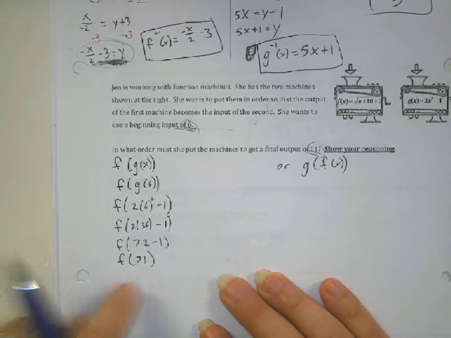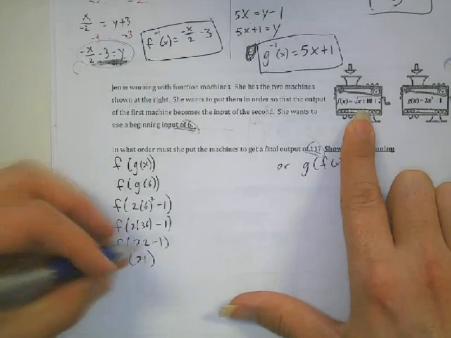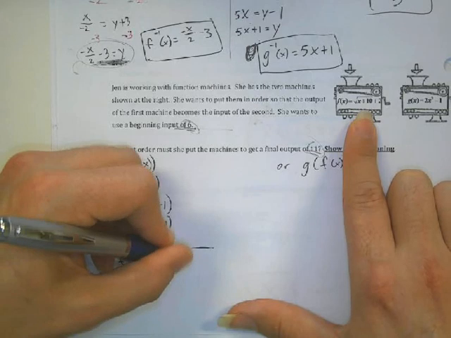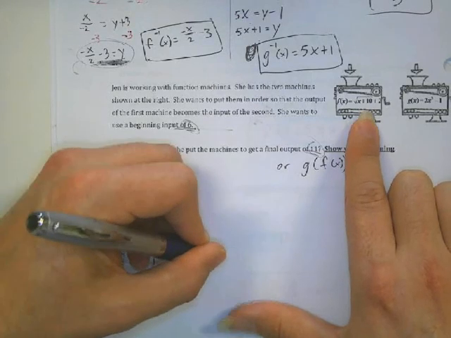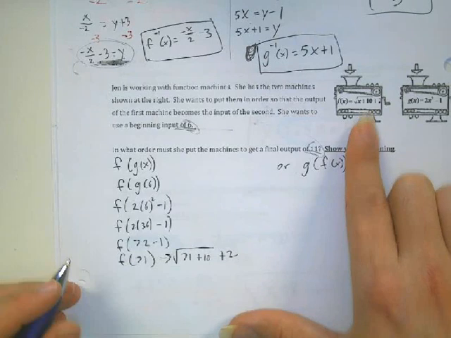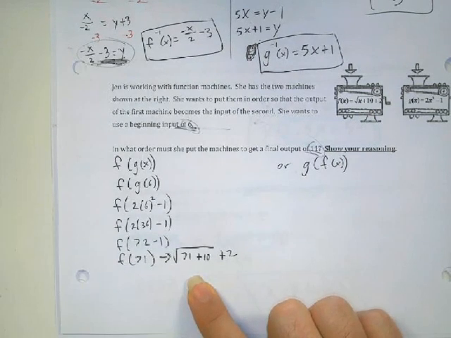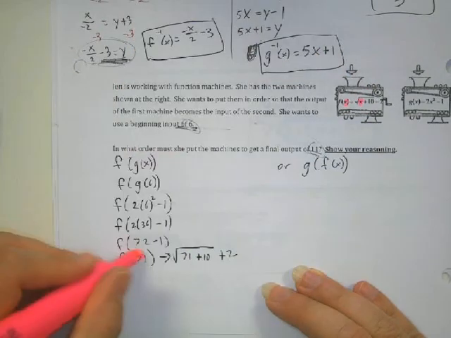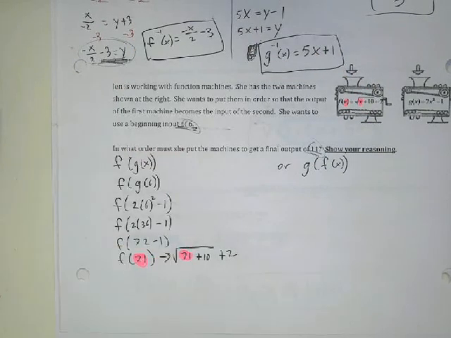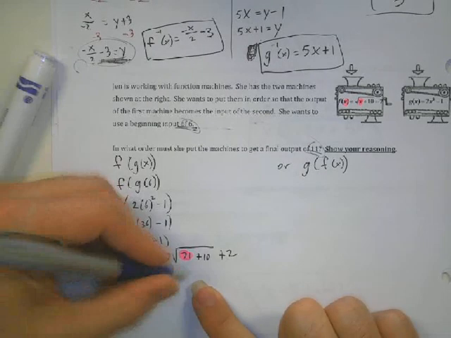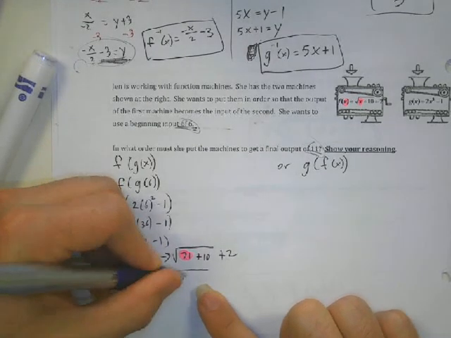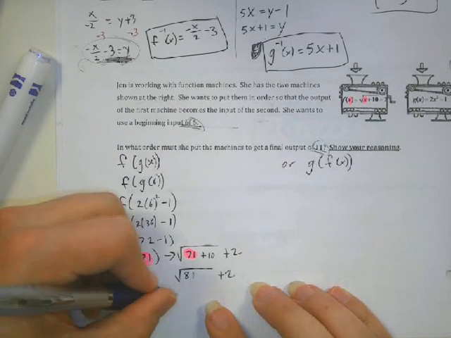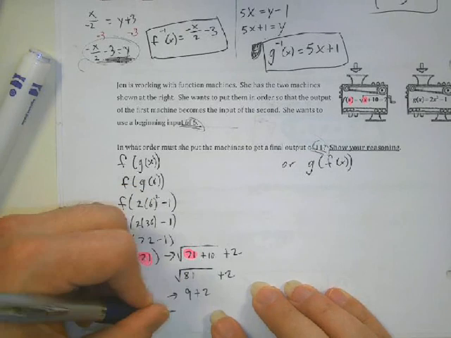And now I'm going to plug in 71 into here, so we're going to get square root of 71 plus 10 and then plus 2. Okay, so I'm replacing this x here with 71. Okay, and so now I have the square root of 81 plus 2. And square root of 81 is 9. 9 plus 2 is 11.